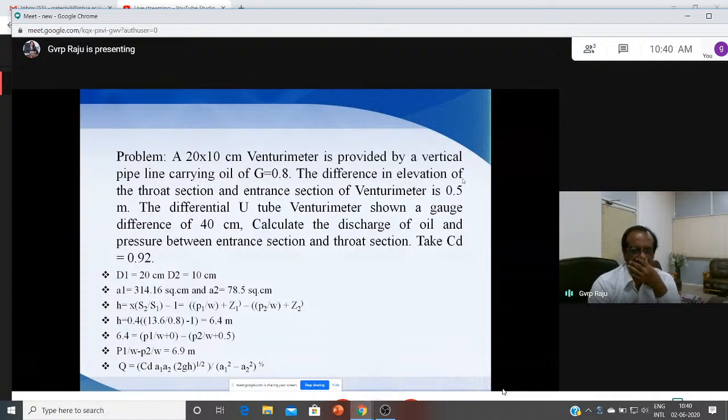The differential U-tube Venturi meter shows a gauge reading of 40 centimeters. It has asked to find out the discharge of oil and also the pressure between entrance section and throat section.